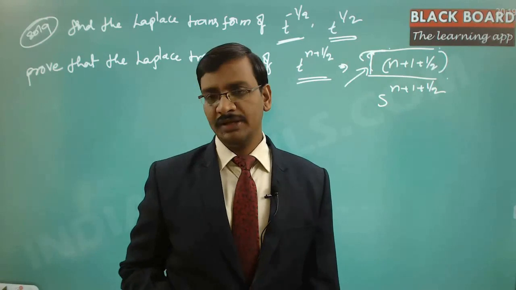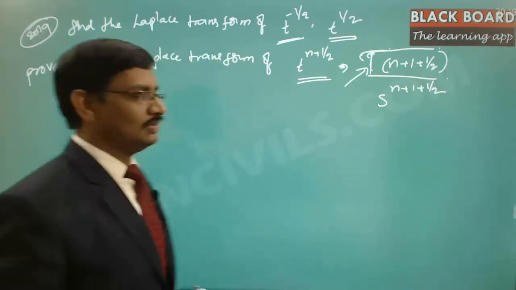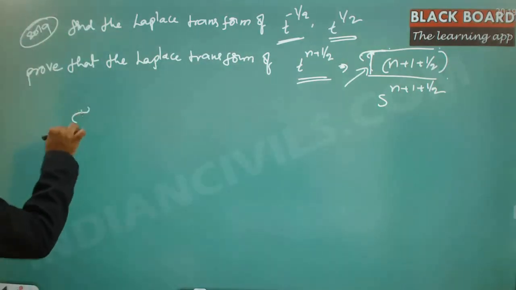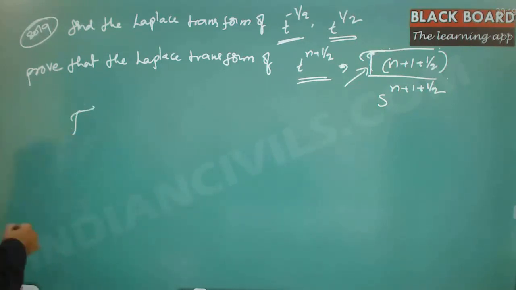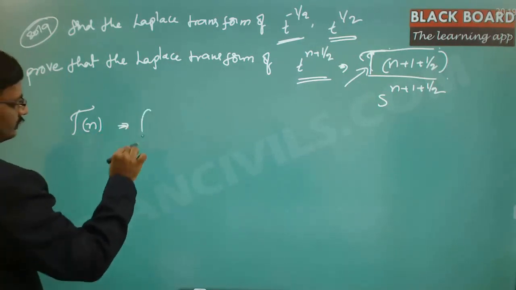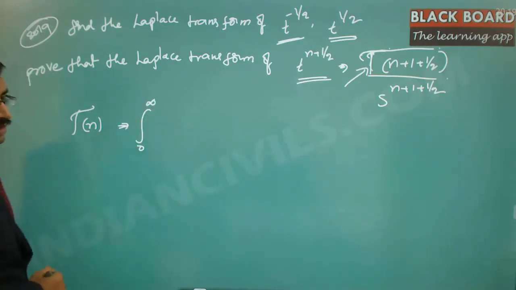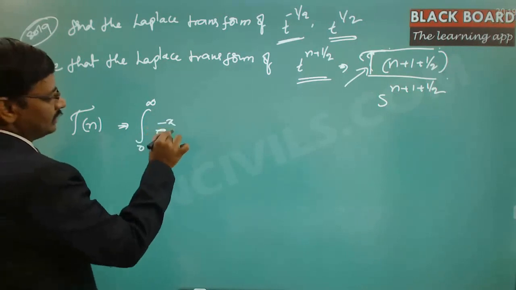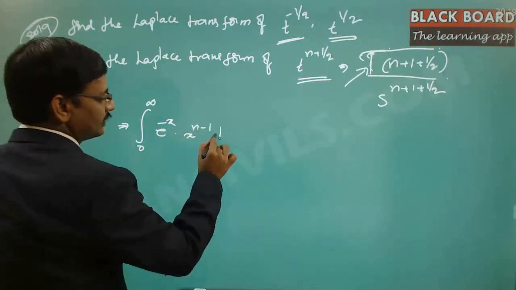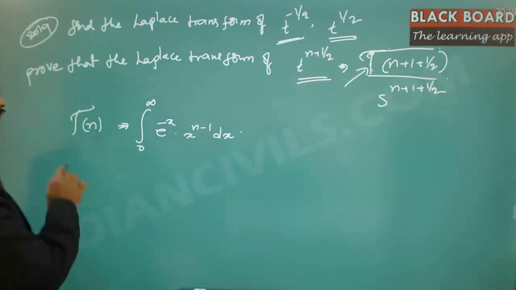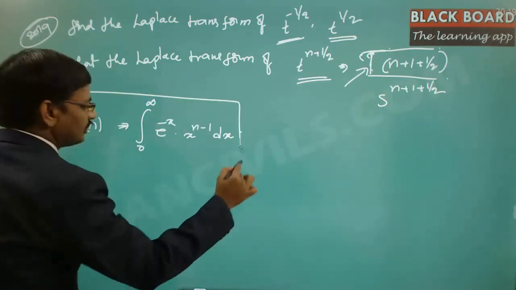The gamma function is defined as follows. Gamma of n is defined as the integral from 0 to infinity of e power minus x into x power n minus 1 dx. This is defined as the function of n.